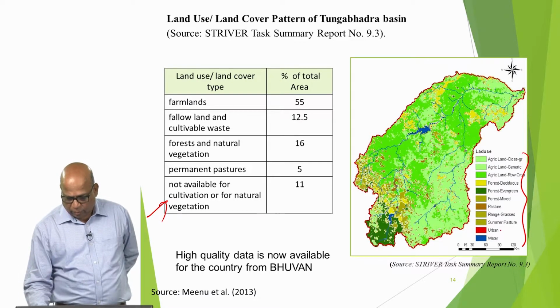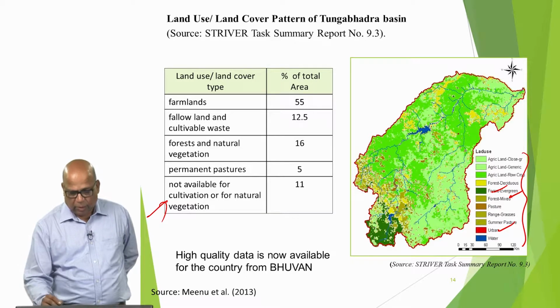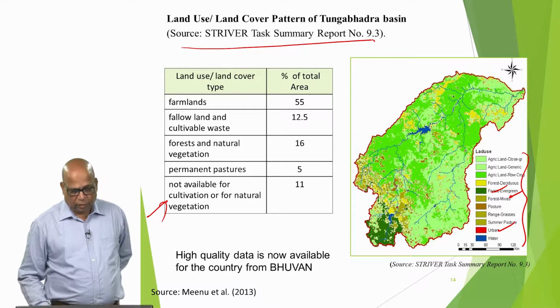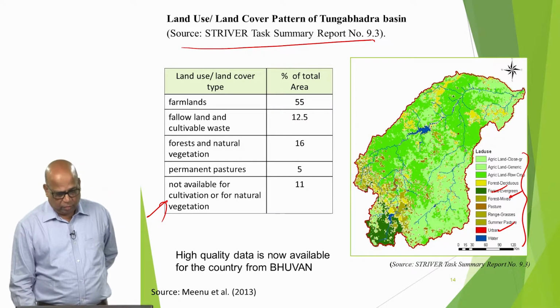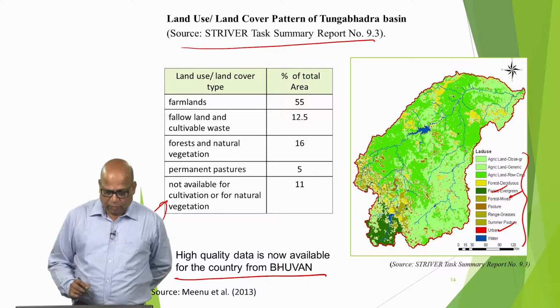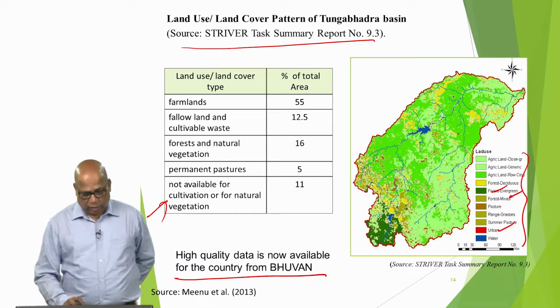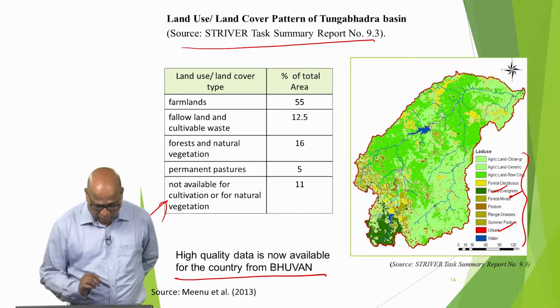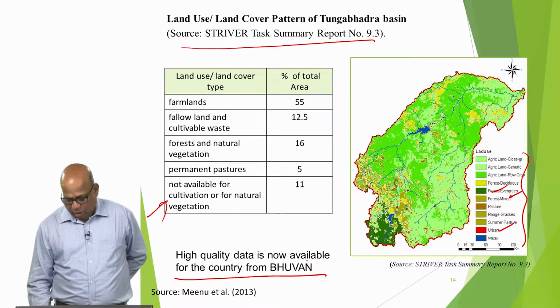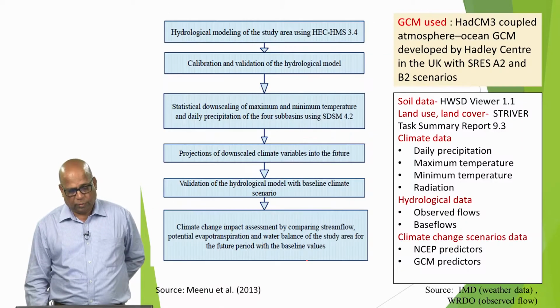In this particular case, urban area is there, mixed forest, evergreen forest, etc. Now, these land use, land cover patterns are also available through global data sets. In fact, our own Bhuvan, which is an ISRO-created website, gives extensive high quality data on most of these river basins.